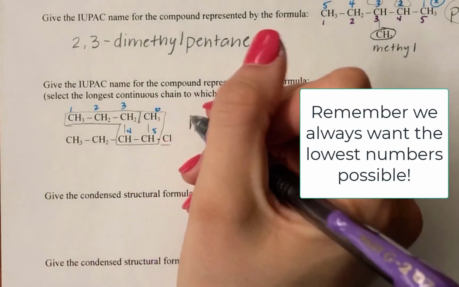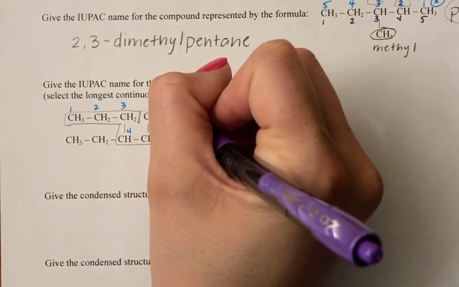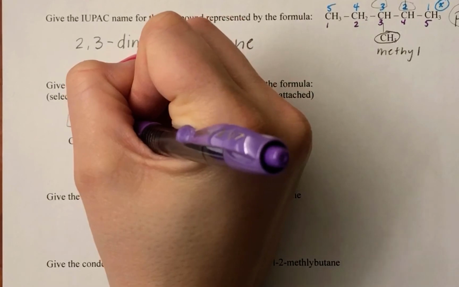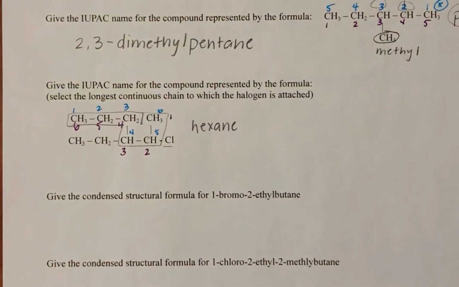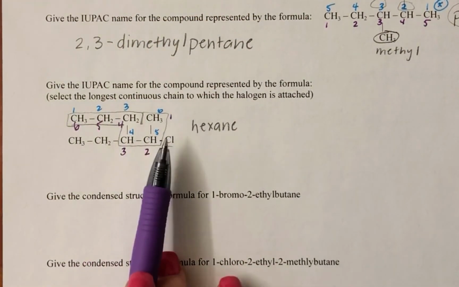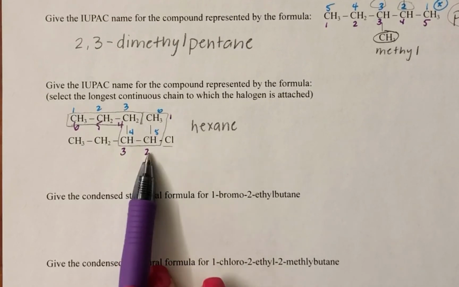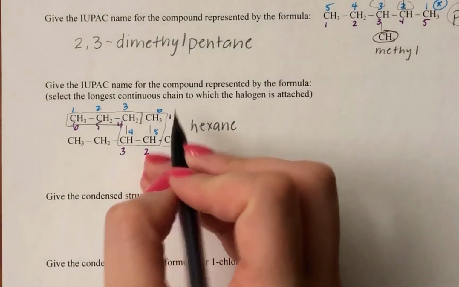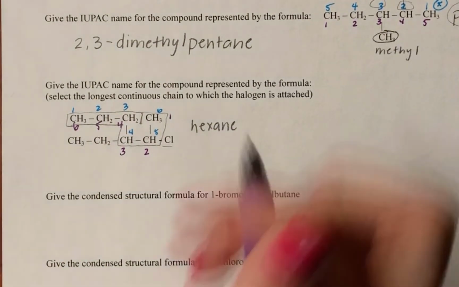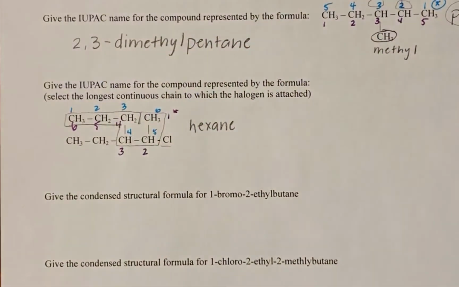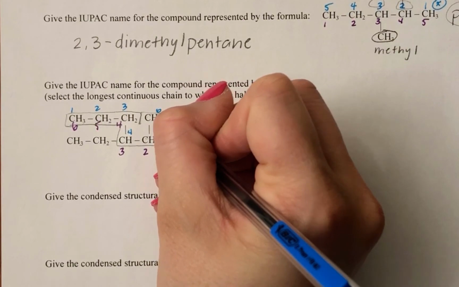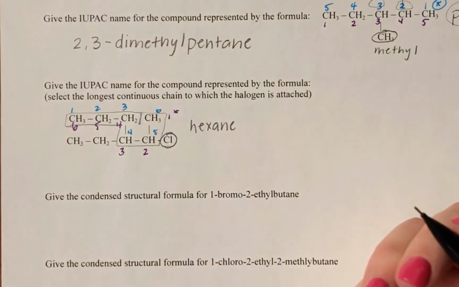If I number it the other way, it would be 1, 2, 3, 4, 5, 6. So if I number the other way, I have a substituent off of the 2nd and the 3rd carbon. Well, that gives the lowest numbers possible. So I'm going to actually use the numbering system that's in purple because it gives the substituents the lowest number possible.